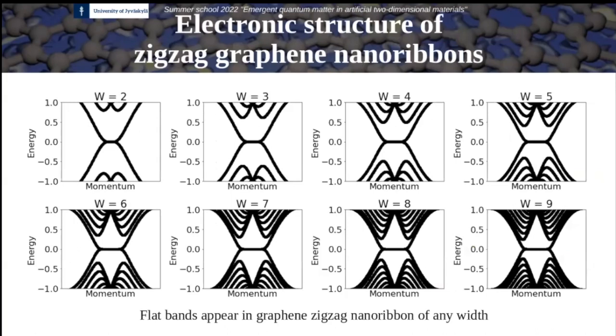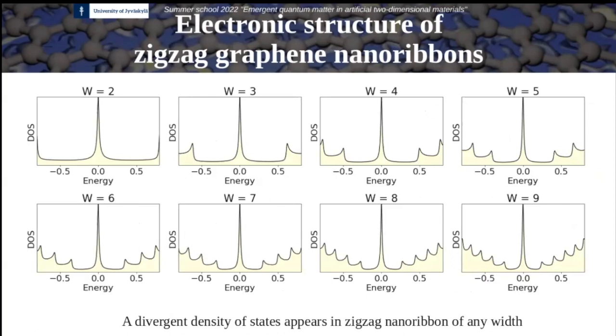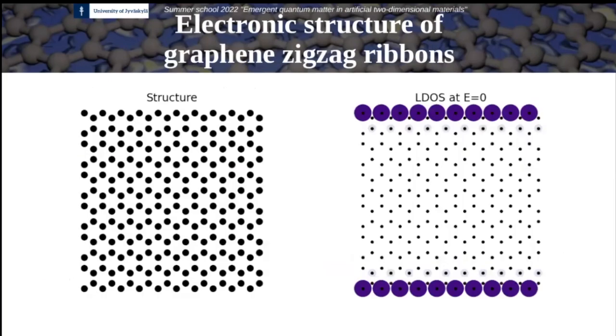And of course, you can look at this systematically for any width, and you always get flat bands, no matter how wide your ribbon is. And of course, as you go to wider and wider ribbons, you start recovering your Dirac dispersion for the bulk states. And in all the cases, you have your divergent density of states at 0 energy, no matter the width. And of course, when you go to very large widths, you also recover the V shape here from the bulk states.